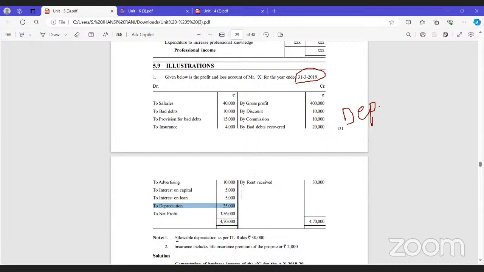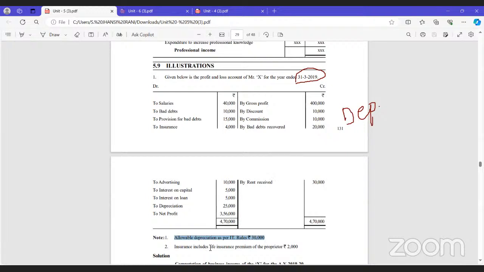But according to the income tax department, it is 30,000. So in that case, whatever depreciation is given here will become inadmissible expenditure, and the depreciation given by the IT rules will become expenses not charged to profit and loss account.